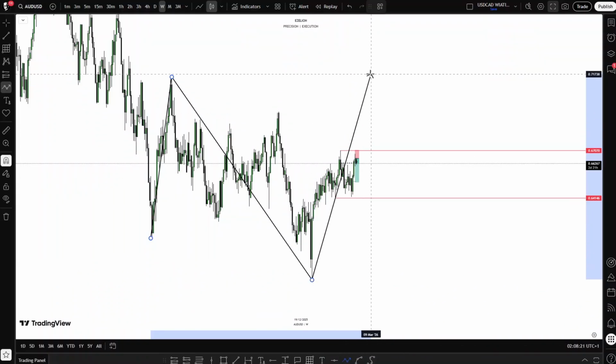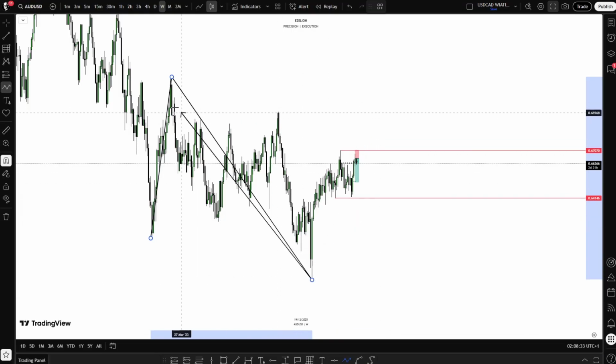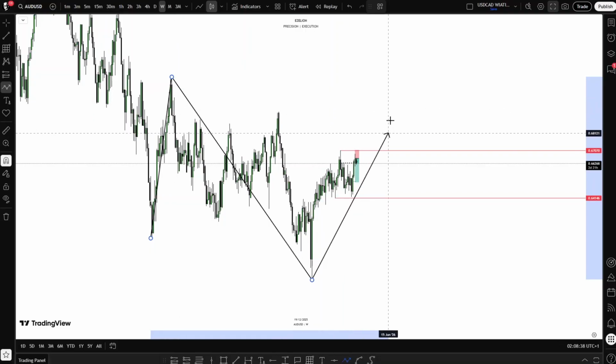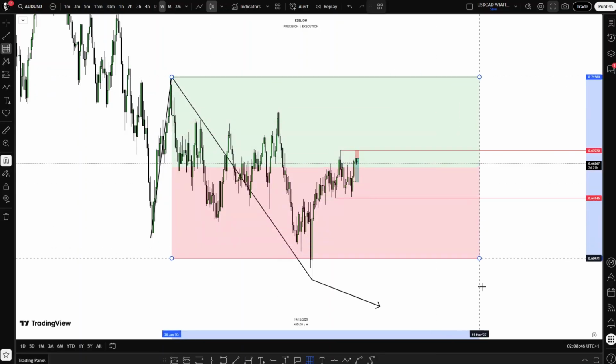So all of this from this place down to this place is our structure, our dealing range. When I saw this setup, I was arguing that price can trade all the way up to this place. This is the premium side. So now that this is our dealing range, you can mark out the premium and discount.